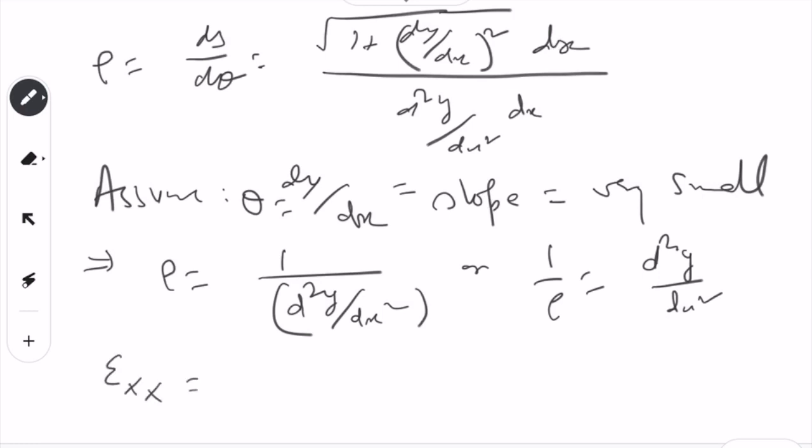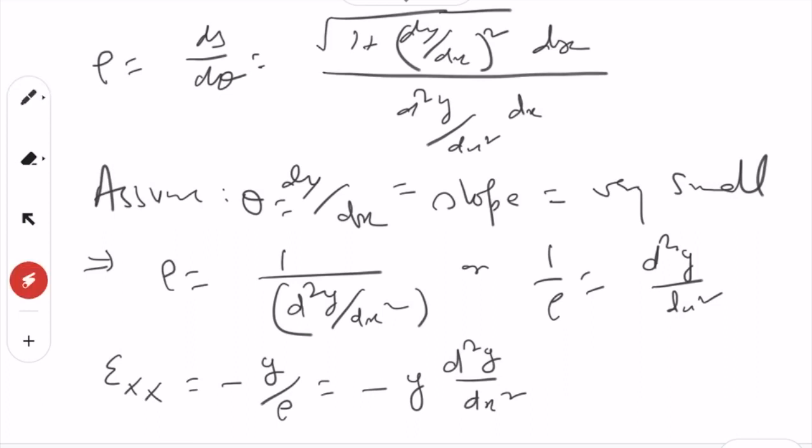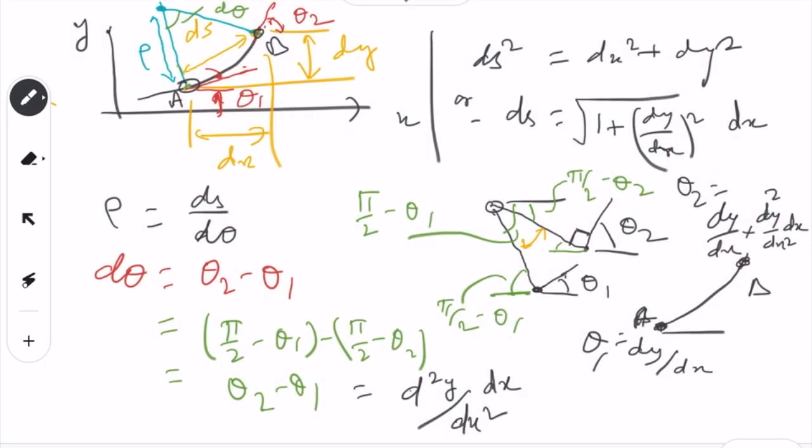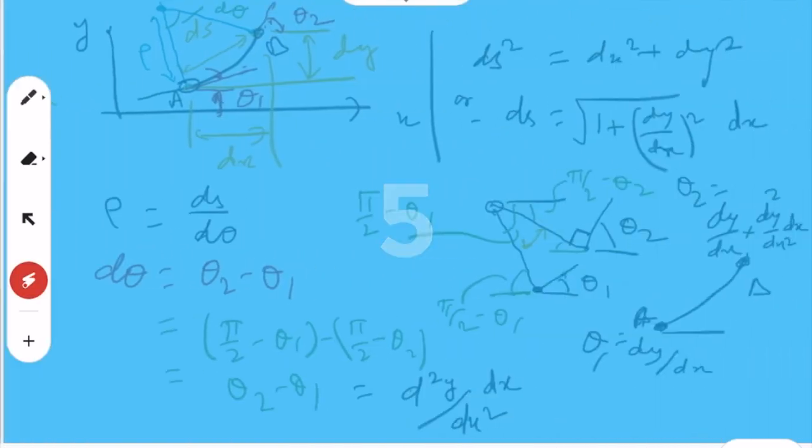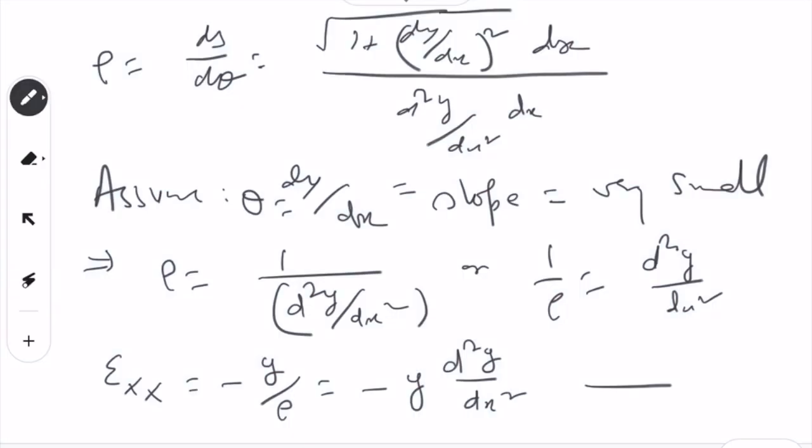Now the strain we can find out. Strain equals, as we know, minus y over rho, which we found out. So this will be equal to minus y multiplied by d squared y over dx squared. So this is one equation, let's call it equation number 5, since we already had 4.